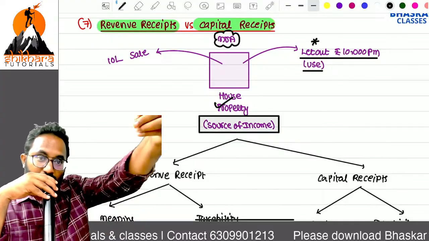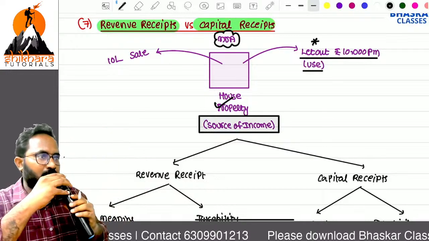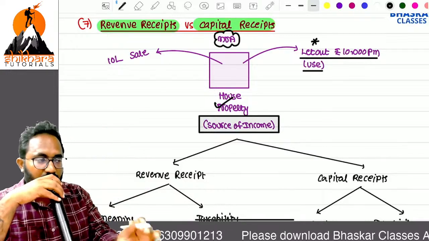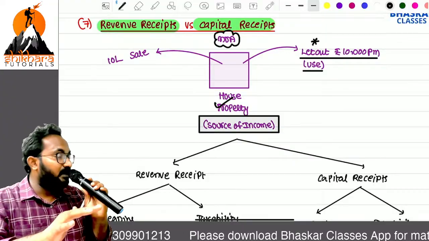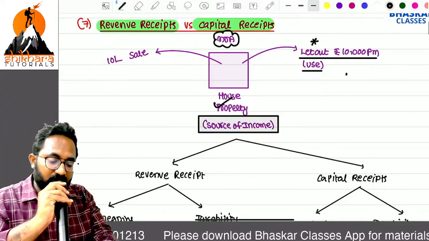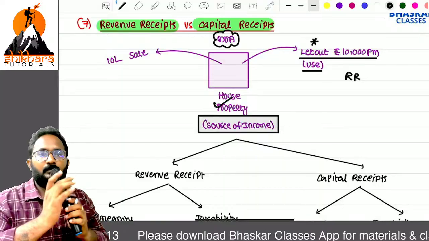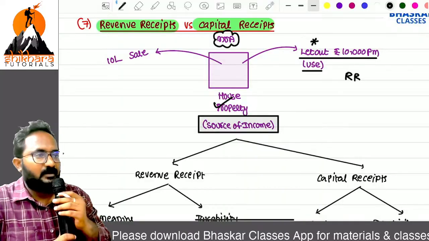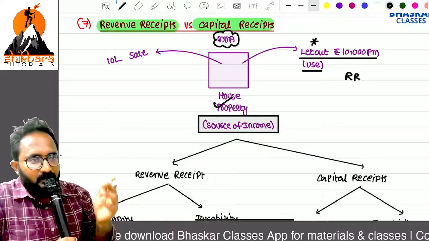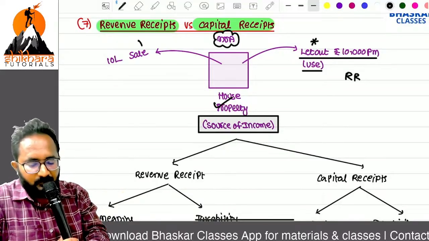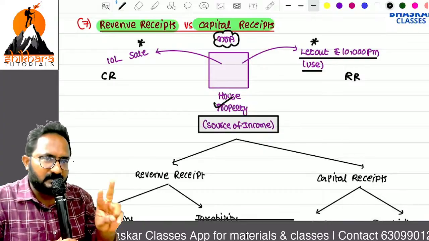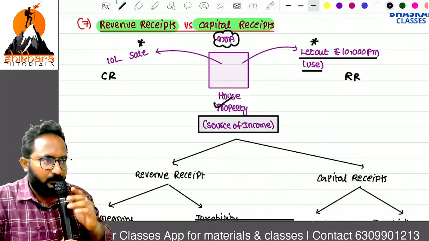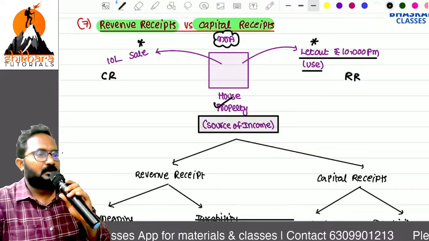From this source only he will get income. He is using the source of income and getting some income. So that is a revenue receipt. Second, if he sells this total source of income and gets a receipt, that is a capital receipt. Simple.